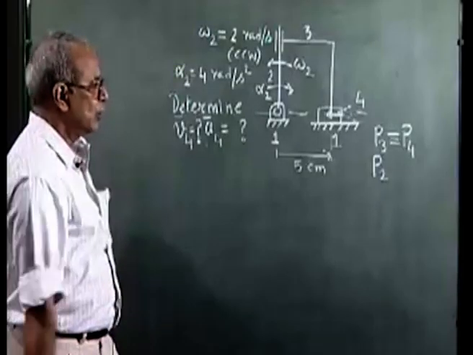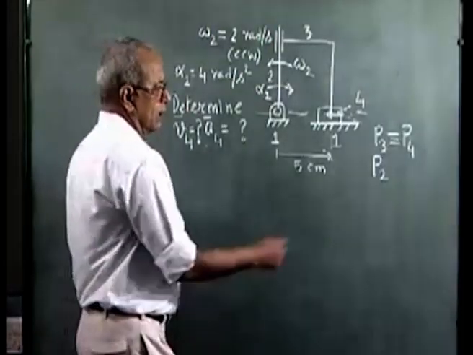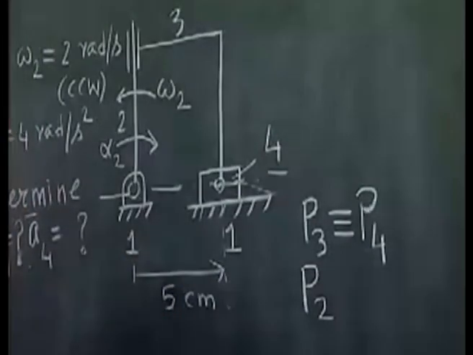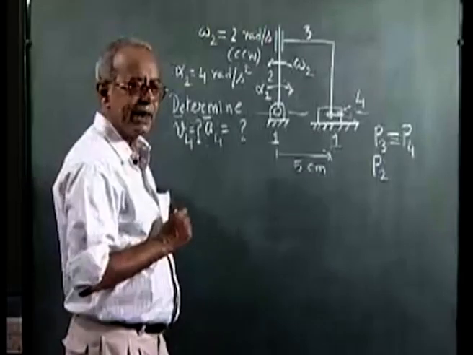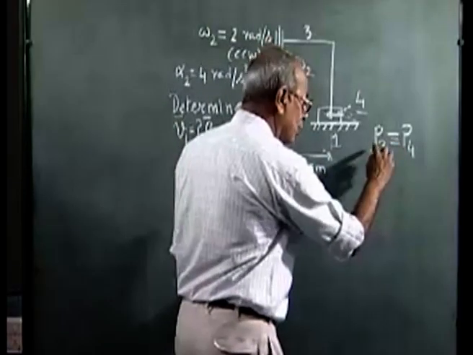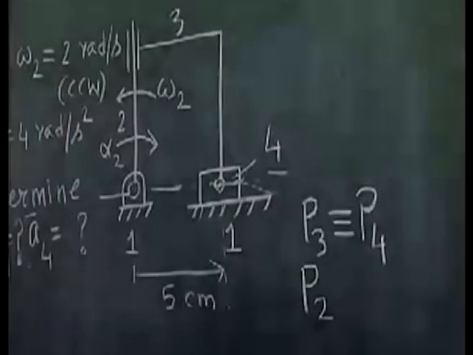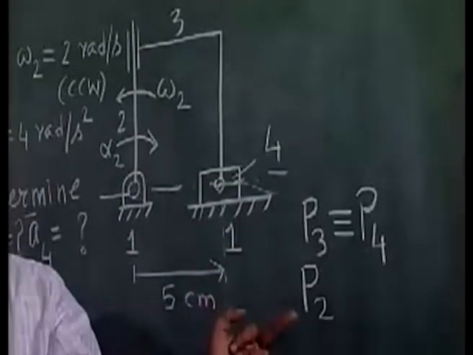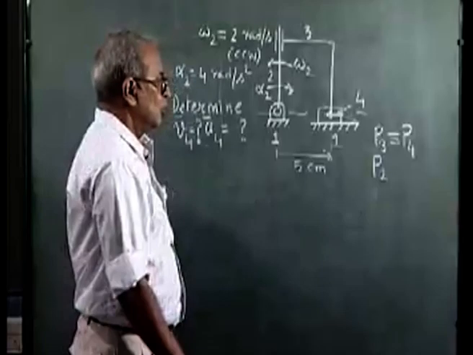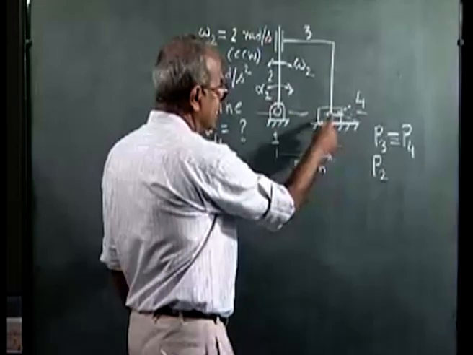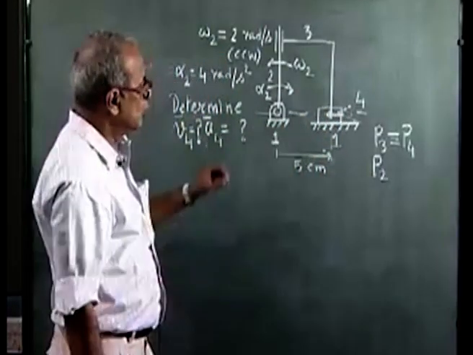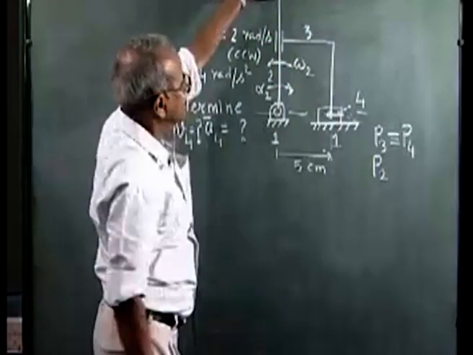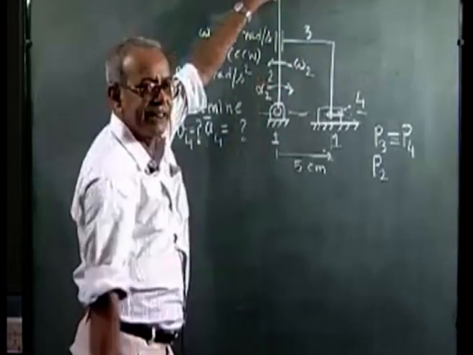Now let us see whether we know the path of the point P4 in link 2. It is needless to say, because P3 and P4 are always coincident, the path of P4 on 2 will be the same as the path of P3 on link 2. To judge the path of P3 on link 2, we hold link 2 imaginarily fixed and try to move link 3.